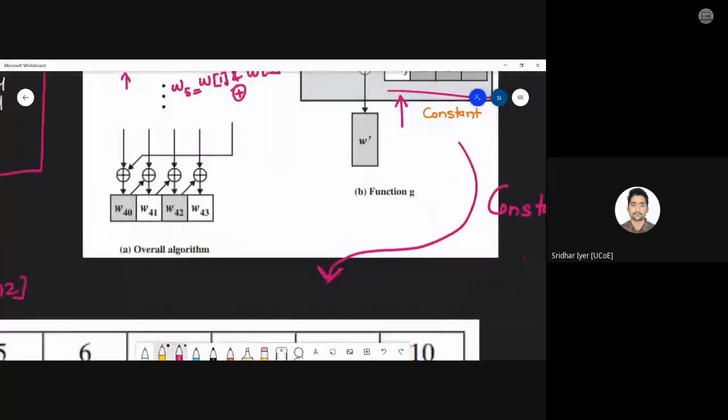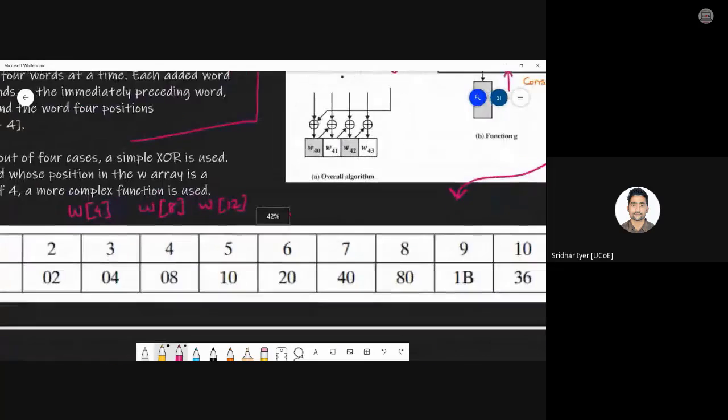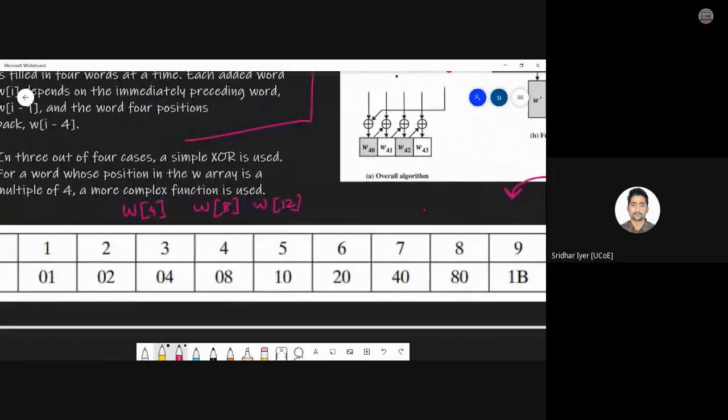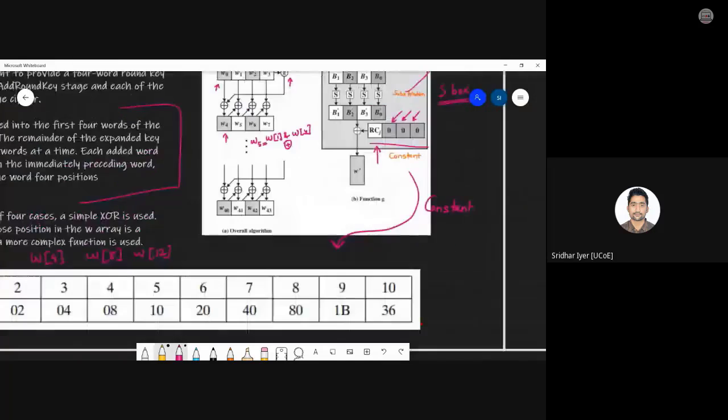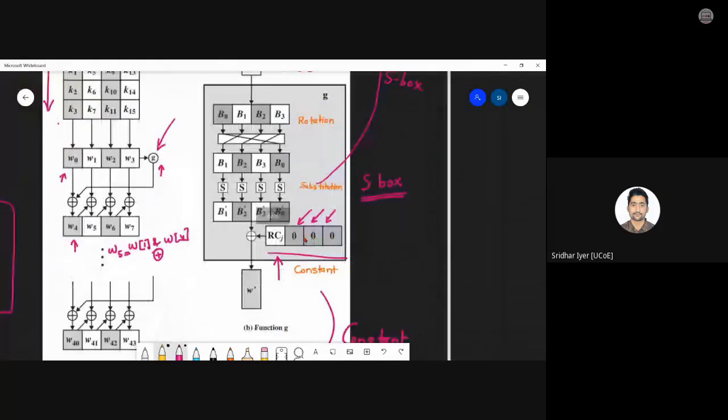Depending upon the round number, whether it is round 1, round 2, round 3, or round 4, we have to use one of these RCj values as the first byte. And we put it over there in RCj and XOR this 4-byte value with B1 dash, B2 dash, B3 dash, B0 dash. Whatever answer we get, that is your G, the output of G, W dash.